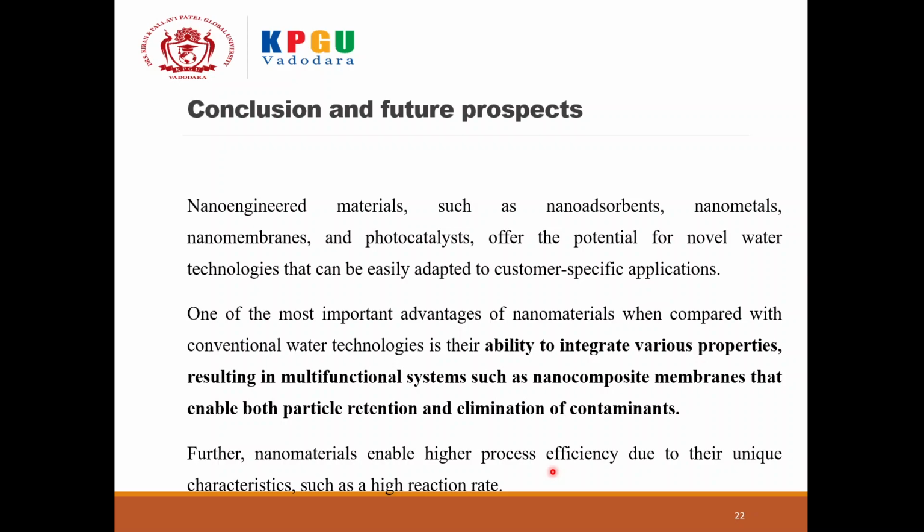One of the most important advantages of nanomaterials compared with conventional water technology is their ability to integrate various properties, resulting in multifunctional systems such as nanocomposite membranes that enable both particle retention and elimination of contaminants.